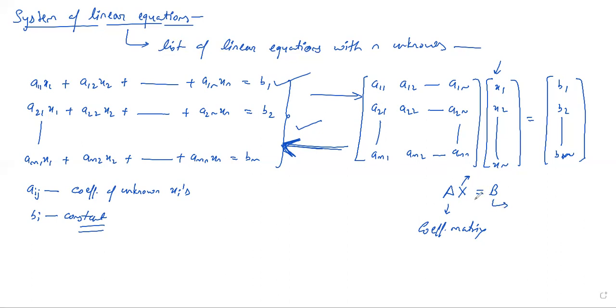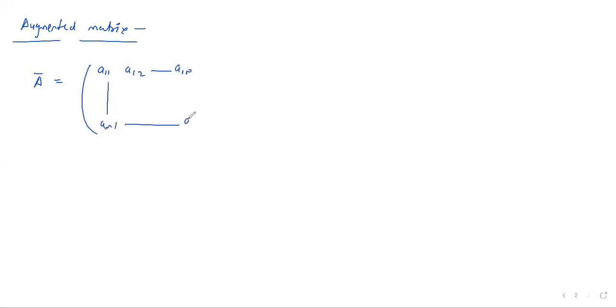Okay, so let's see what an augmented matrix is. Augmented matrix is represented like this. Augmented matrix is equal to the corresponding A matrix. What is my A matrix? That is a11, a12 to a1n, going on to amn.